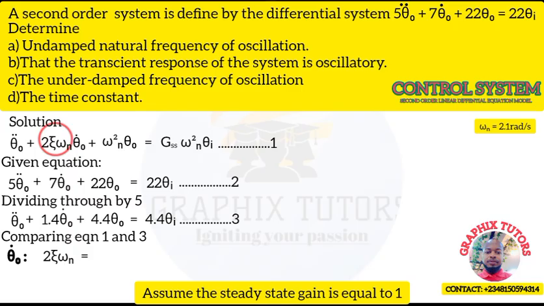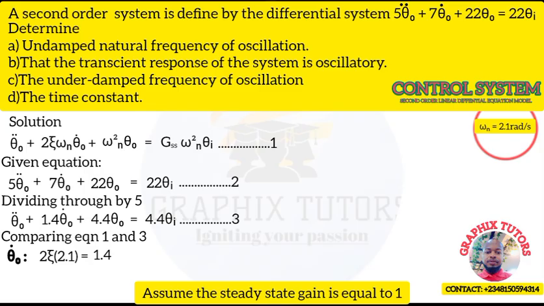Then for equation 2, the coefficient of theta sub O with dot on it is 1.4. So we equate each of them. We already have omega sub n as 2.1, so 2 times zeta times 2.1 equals 1.4.